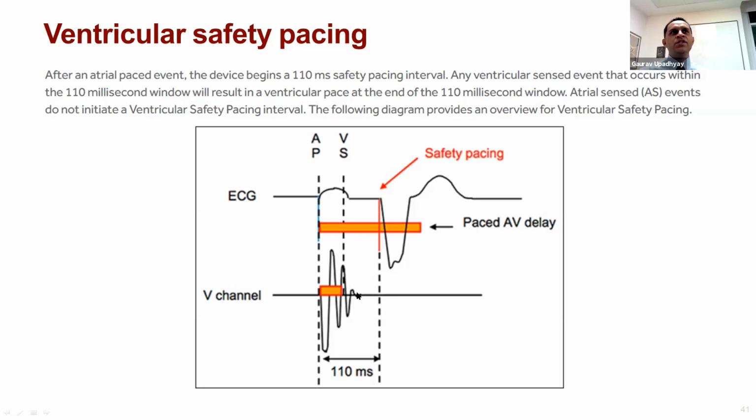And in fact, in early generation devices, there were some patients who demonstrated asystole during atrial pacing. And so in the setting of safety pacing, what occurs is that safety pacing will deliver a V-paced beat if a V-sensed event falls within the window in which crosstalk could occur.